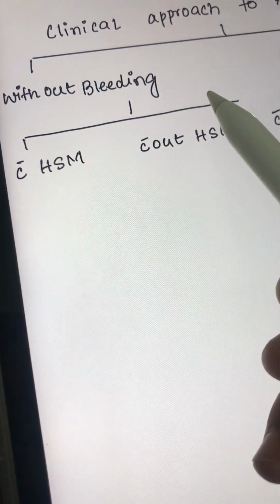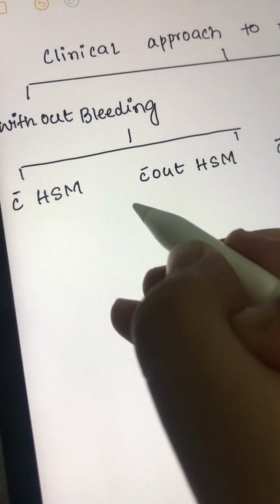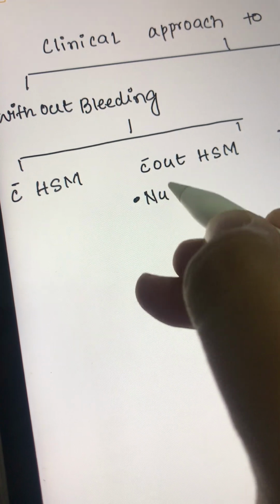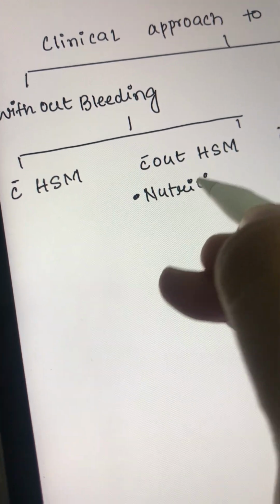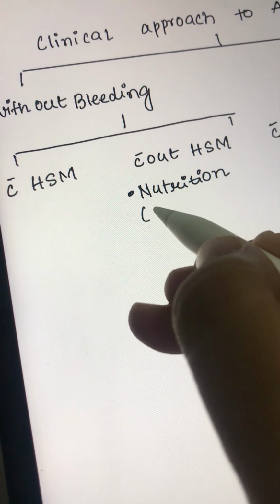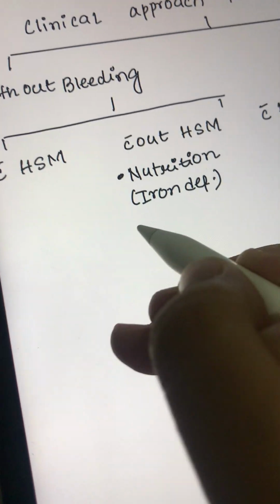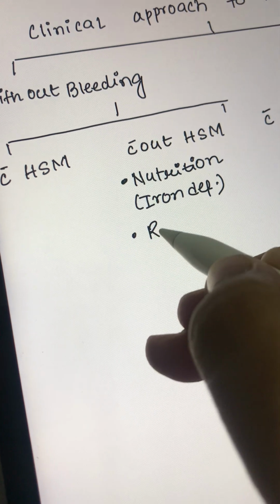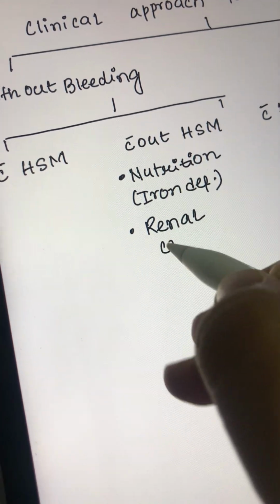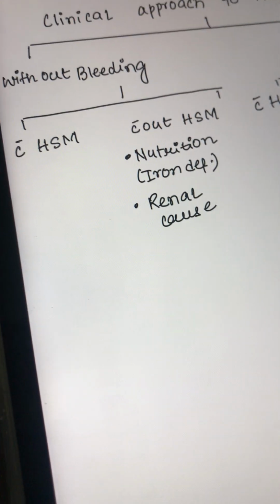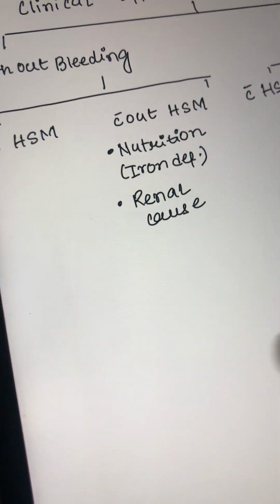now anemia without bleeding, without hepatosplenomegaly, the first thing that comes into mind is nutrition, malnutrition or iron deficiency. Second thing can be a renal cause, maybe erythropoietin insufficiency, might be some other causes also.